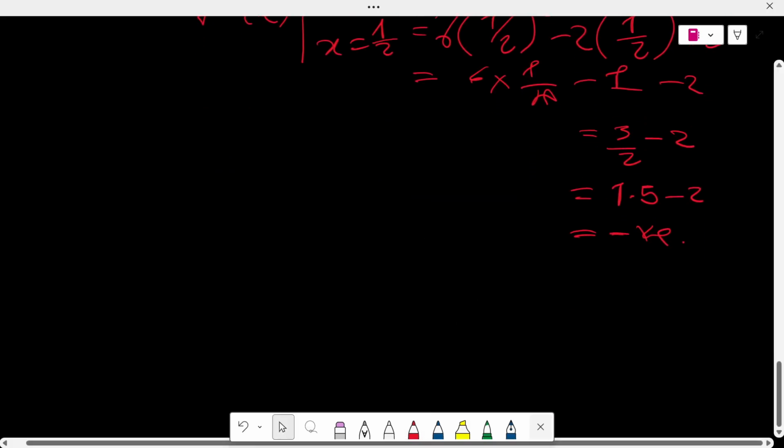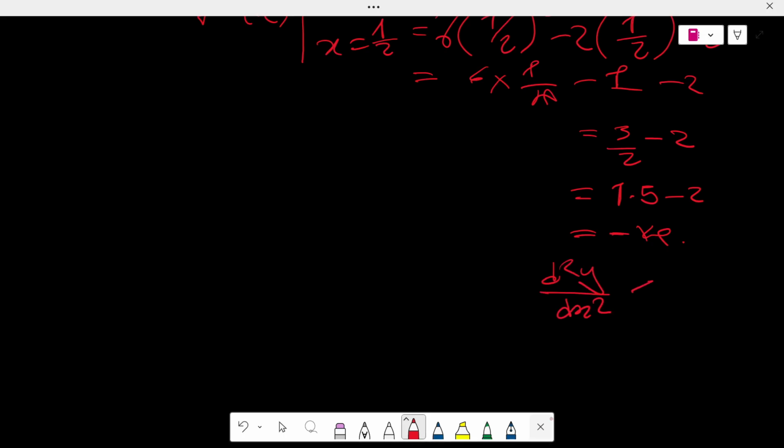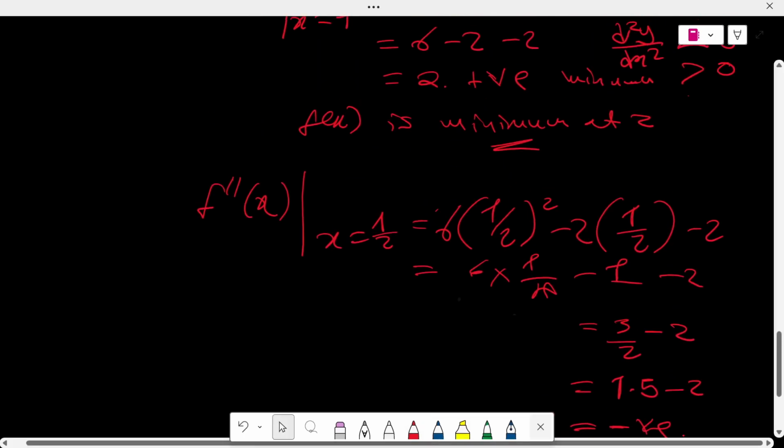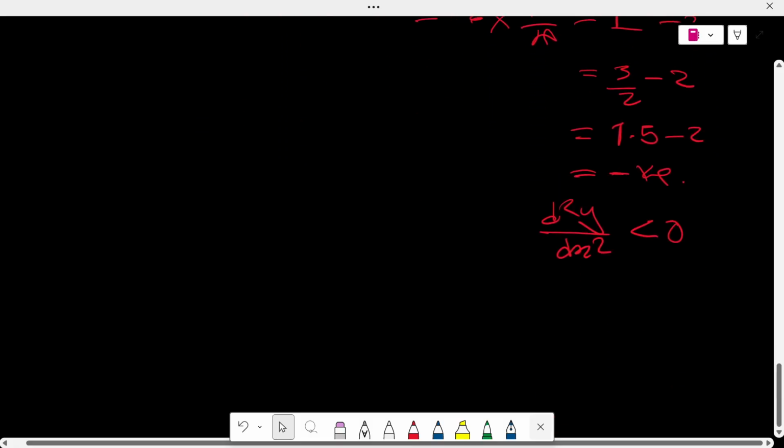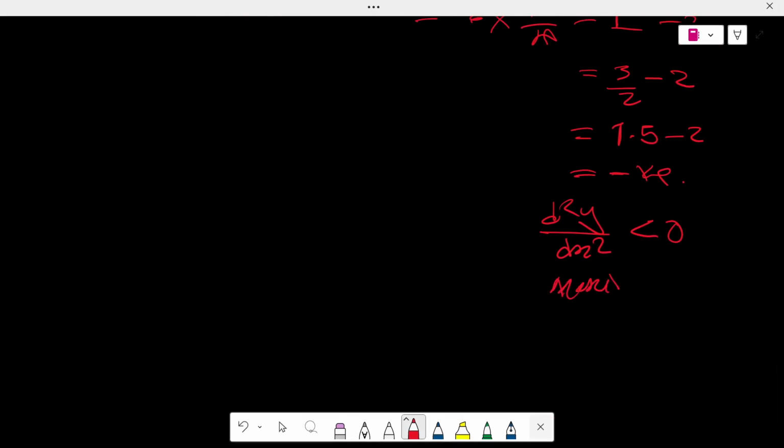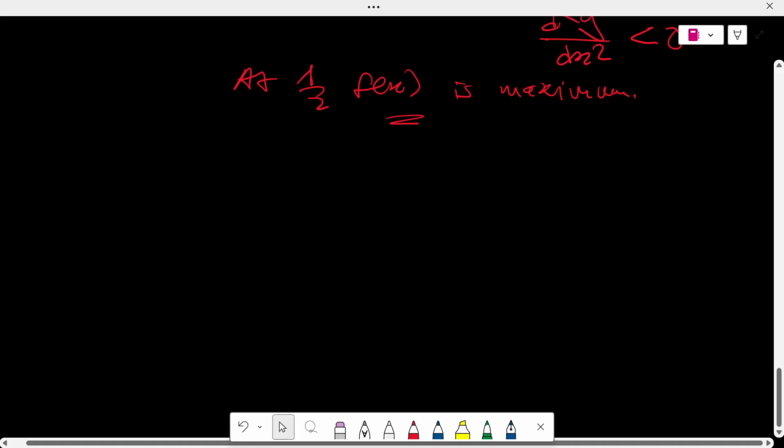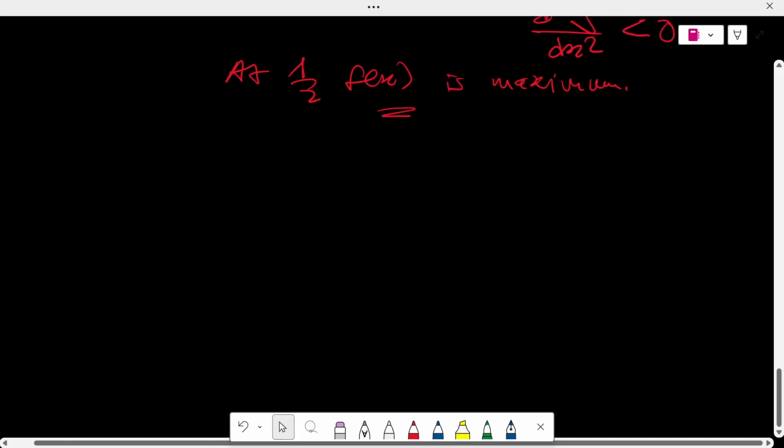So since d squared y is less than 0, this means we have a maximum here. So you write a statement to say at half, f of x is a maximum. Alright, then remember the question says find the maximum and the minimum values.